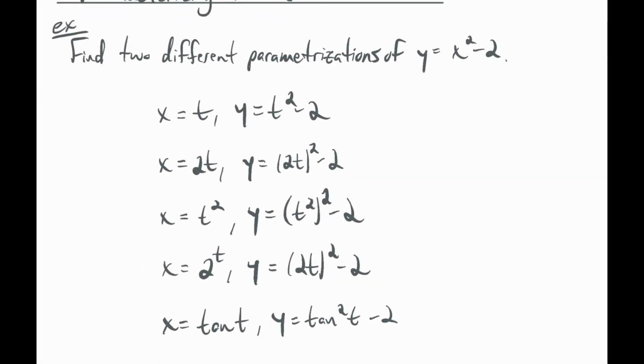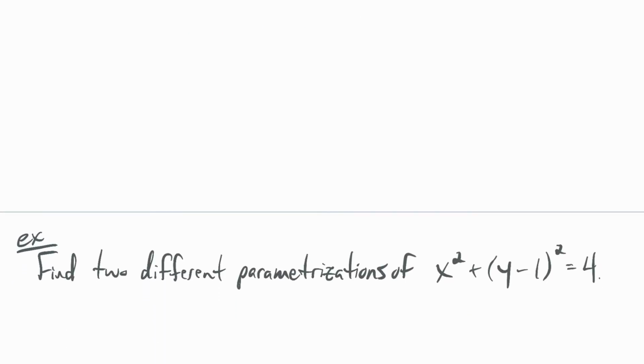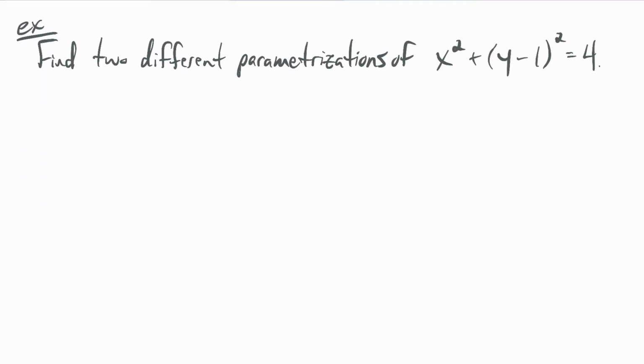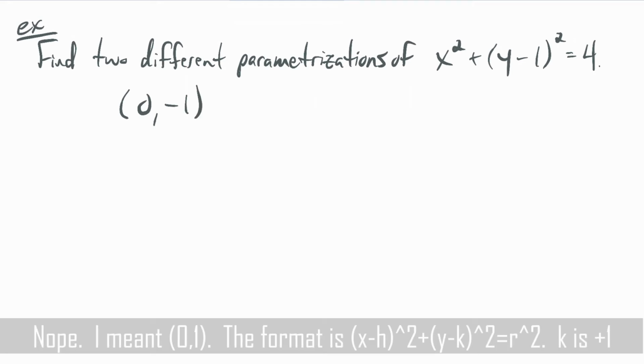Okay, what's next? Find two different parameterizations of x squared plus y minus 1 squared equals 4. So I recognize that this is a circle with center 0, negative 1 and radius equals 2.